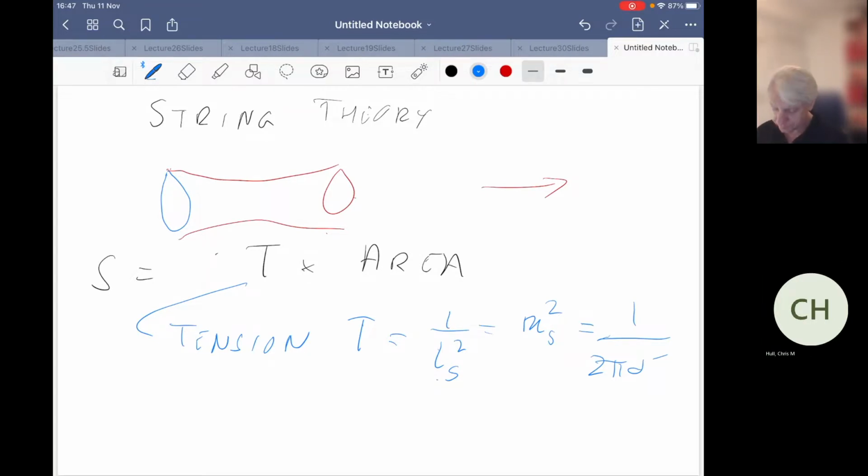And there's a fundamental length scale which is introduced into the theory, or a fundamental tension, a fundamental dimensional quantity. And this sets the standard length scale of the string and typically determines the typical size of a string. And in the fundamental string theories we'll be talking about, this string length is of the order of the Planck length, of the order of 10 to the minus 33 centimeters.